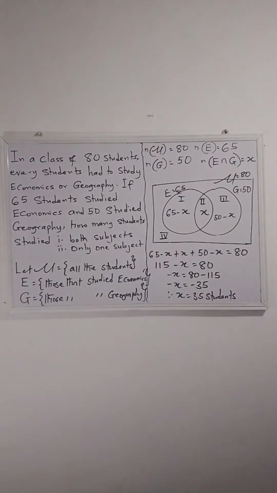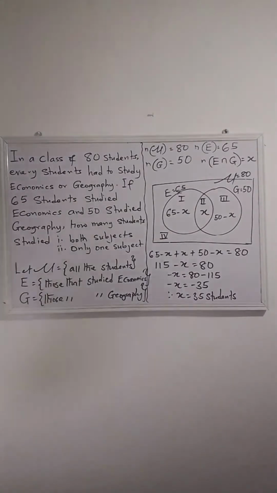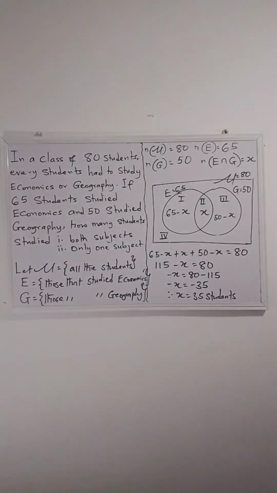I'm seeing another answer here. E is 30 and G is 15. That is Balogun Tosin. Another one: 45 students studied only one subject.